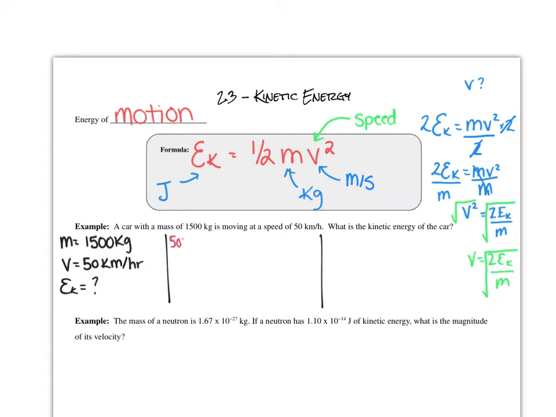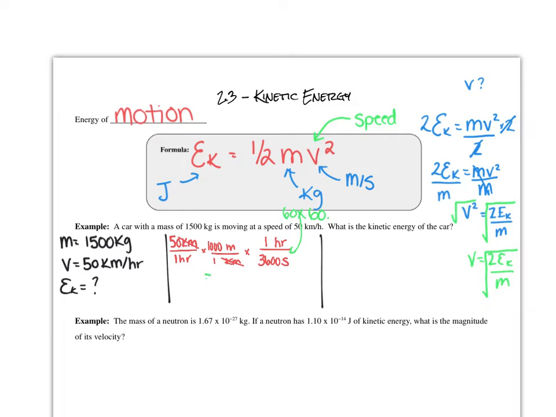So 50 kilometers per 1 hour. Kilometers go on the bottom and meters up top. There's 1,000 meters in 1 kilometer, and that will cancel our unit of kilometers. And in 1 hour, hours up top, I can go directly to seconds. There's 3,600 seconds in 1 hour. And remember, that is 60 times 60.